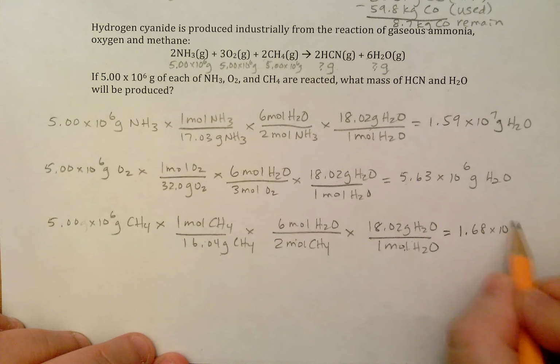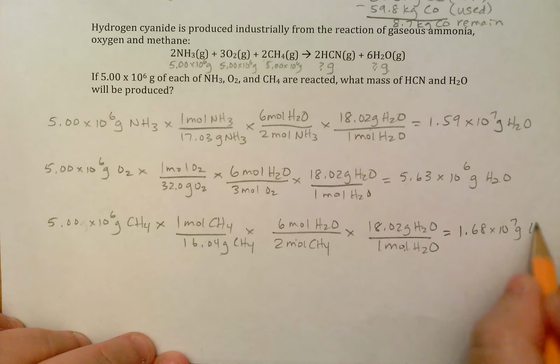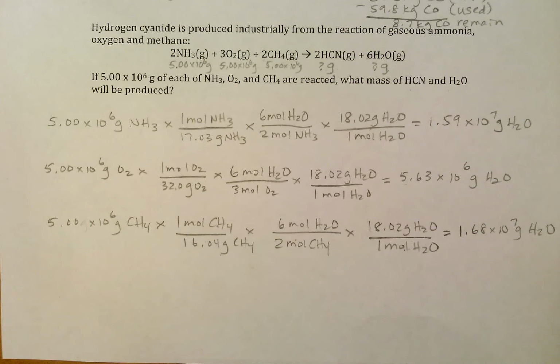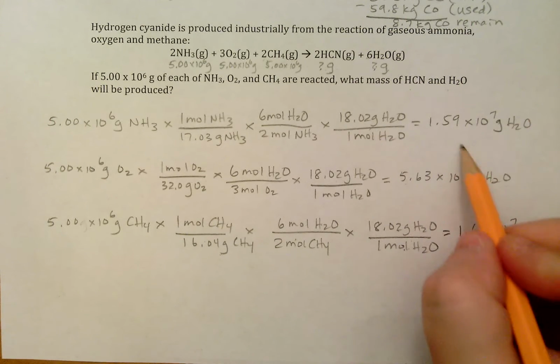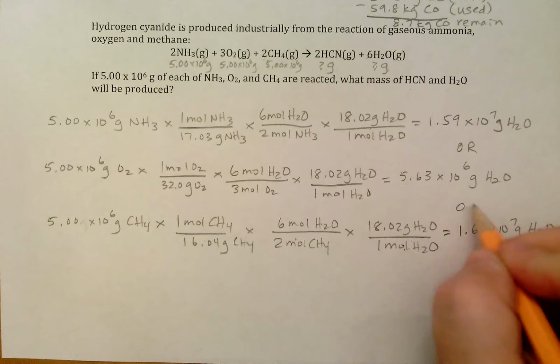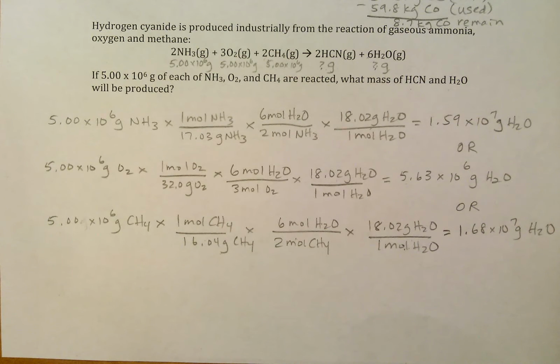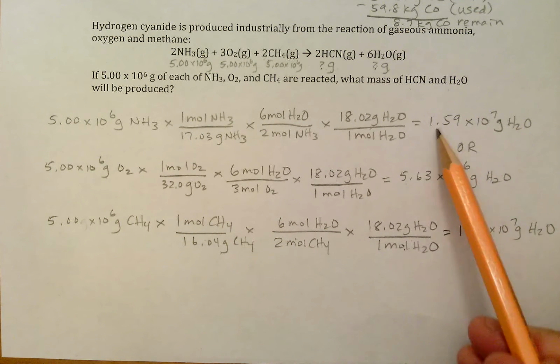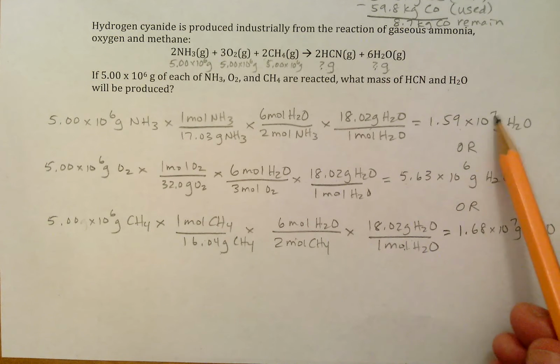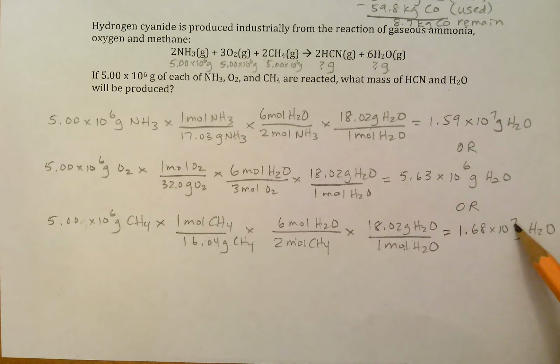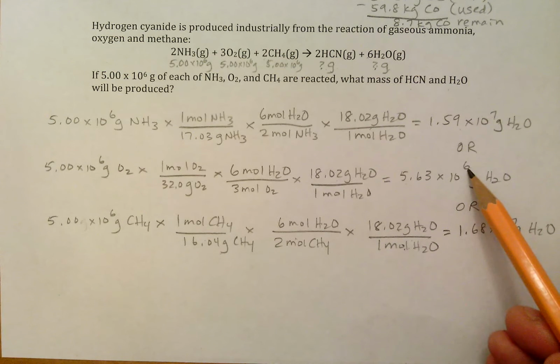So I have all these things, and I need to figure out which one's the limiting reactant. Now, it might be easy enough to go, oh, well, this one's the lowest number, but we have to look at these exponents. This means that there's an extra 0. This guy has one less 0 there. So this is a whole power of 10 less than these guys.